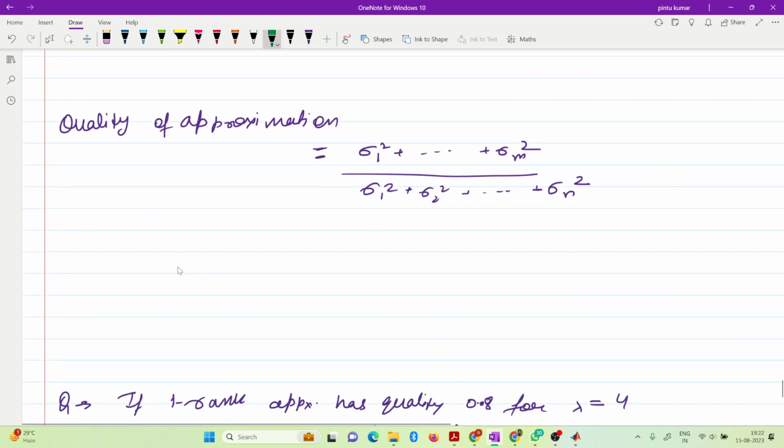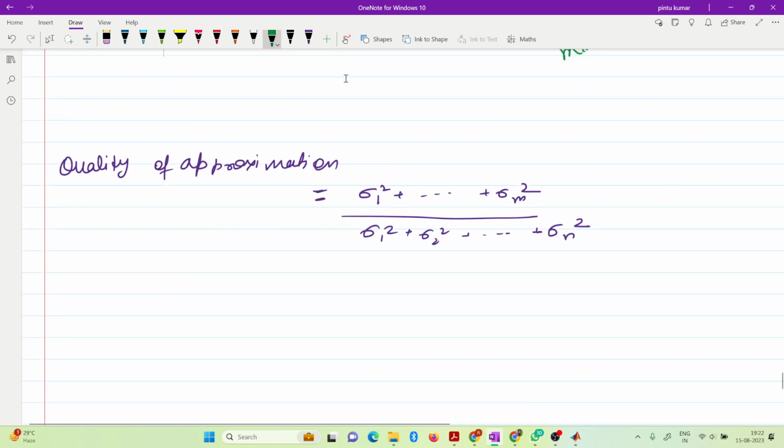Now there is one topic that I'll cover before going back to where we were. This is called quality of approximation. So this is a quantity. Let's say for a matrix A, you obtained sigma 1, sigma 2, up to sigma n as your singular values.